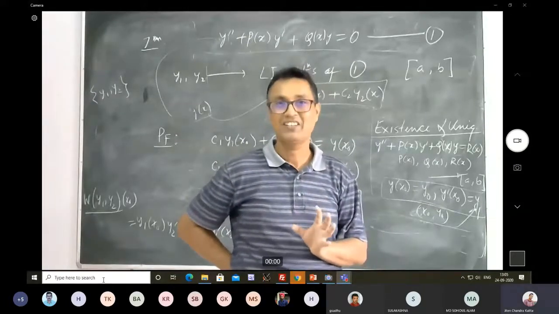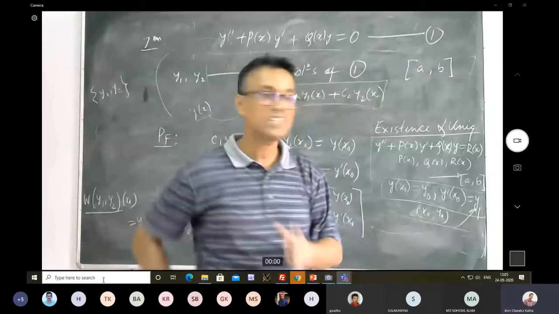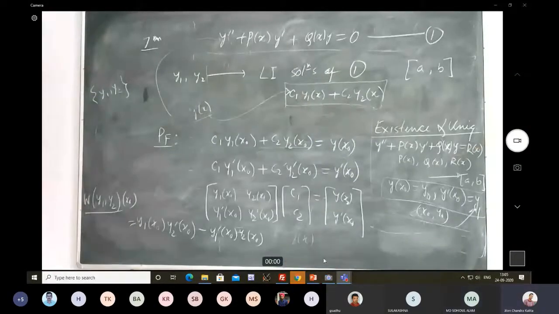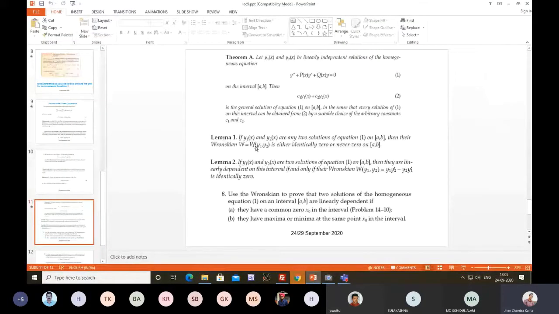Is it okay? Fine. The next lemma I am going to prove is this: if y1 and y2 are any two solutions of equation 1 on an interval AB, then their Wronskian given by this is either identically 0 or non-zero on AB.